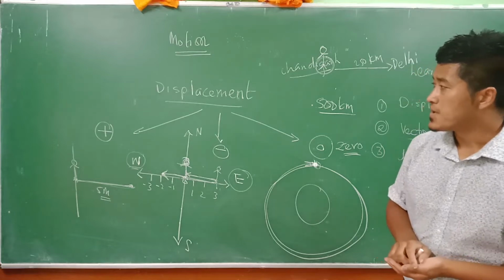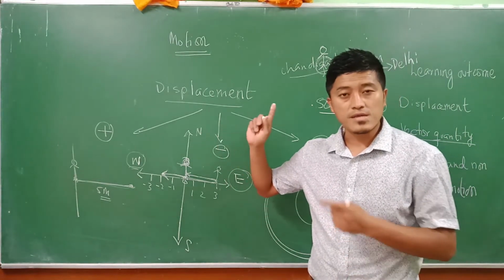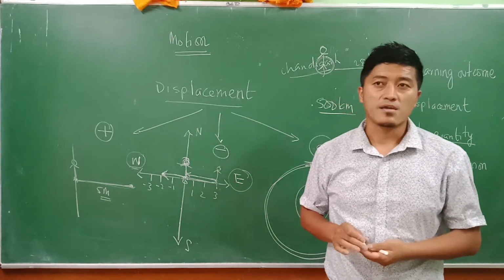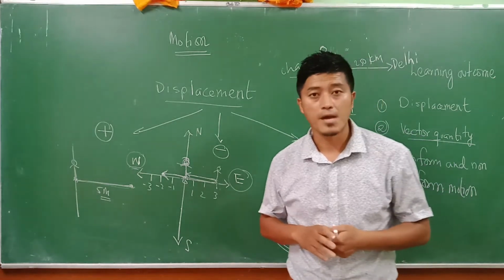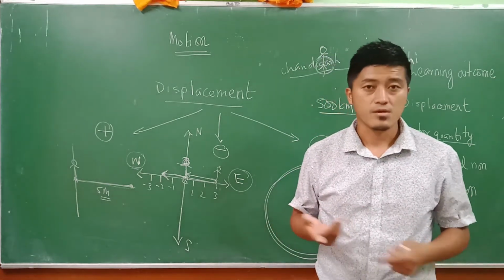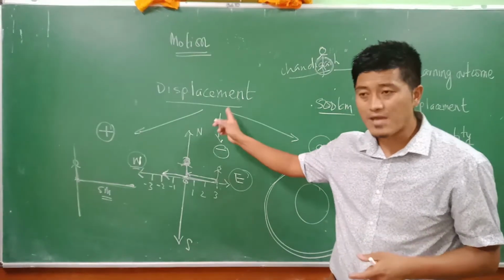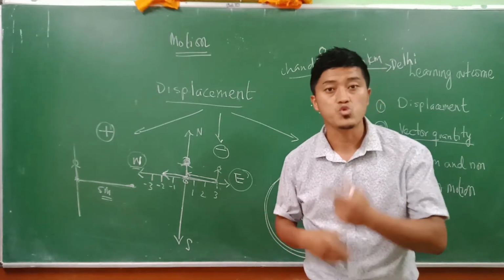Understand? So now, yesterday, in the case of distance, we talked about magnitude. If a person is covering 200 meters, we don't have any idea about where he is traveling. Now in the case of displacement, I would say something like a person is covering a displacement of 200 meters towards the north.